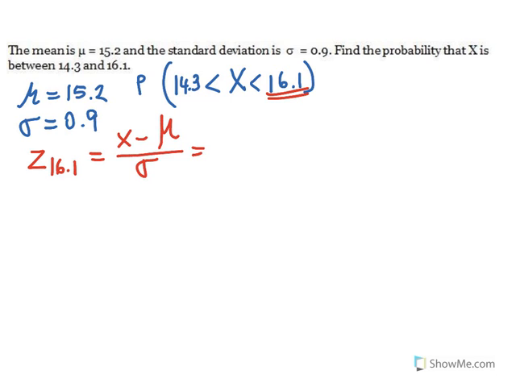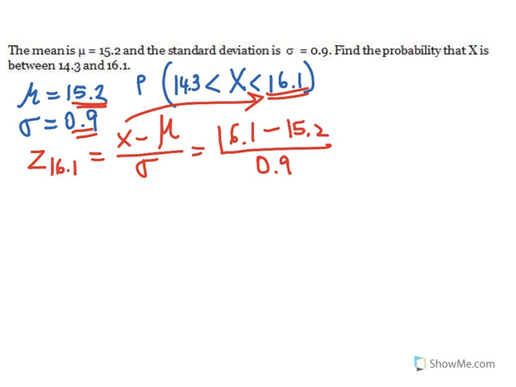X is 16.1, minus mu is 15.2, over standard deviation 0.9, right? So the z of 16.1 will be plus 1.00, because 16.1 minus 15.2 is 0.9, divided by 0.9 is plus 1.